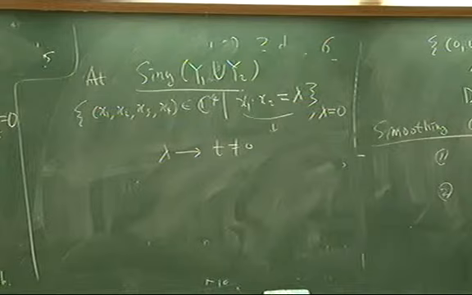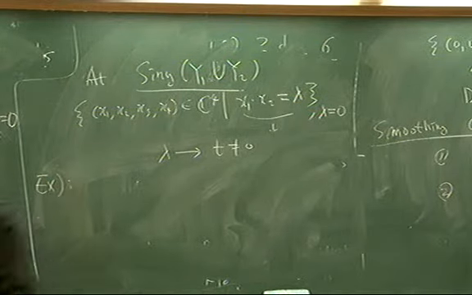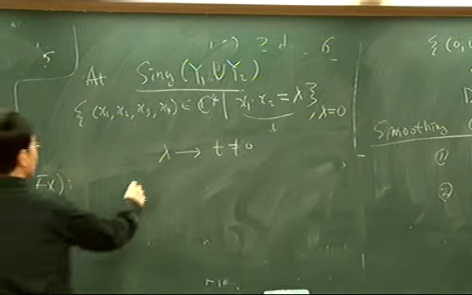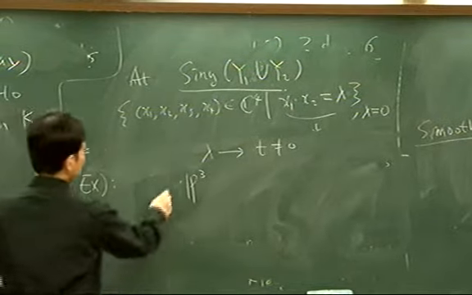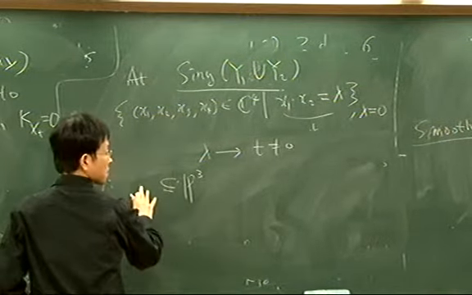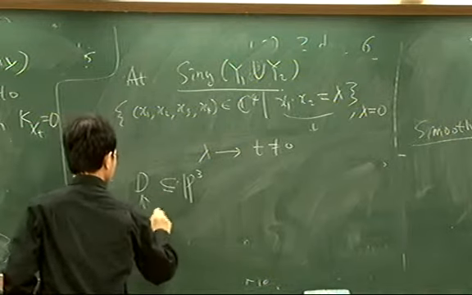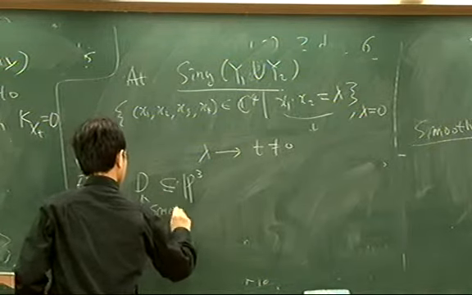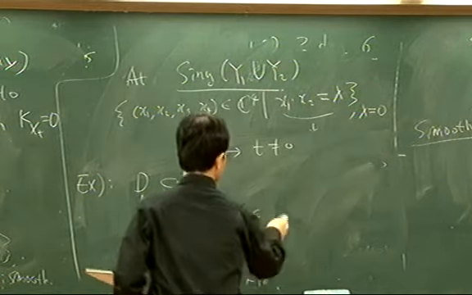Let me take an example. Let's consider P3. Take a smooth quartic hypersurface D. This is a smooth quartic, a degree 4 hypersurface.